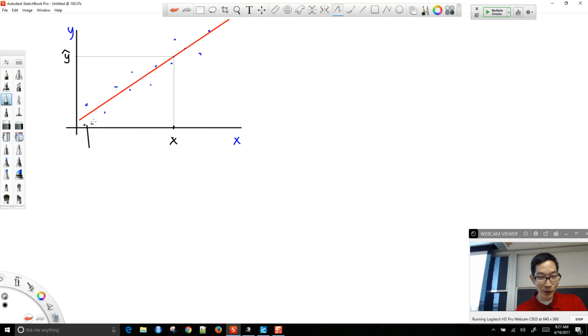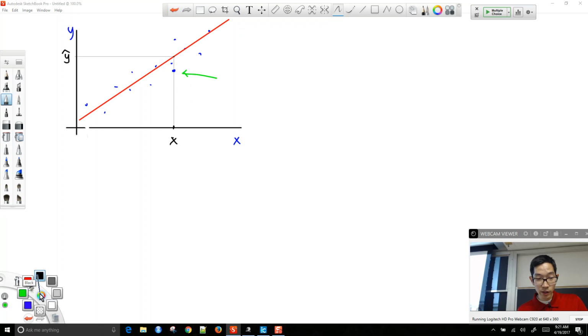So, okay, we've got x here, and let's say we have an actual observed value right here for this particular x. Okay, so we have an actual value. So this here, I'll draw, see that?